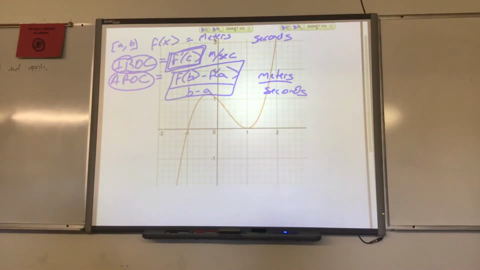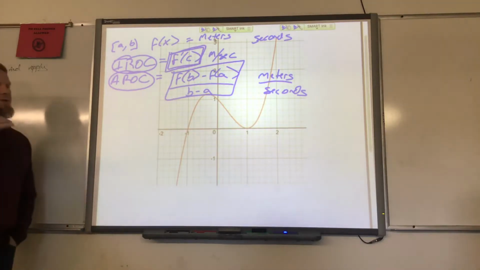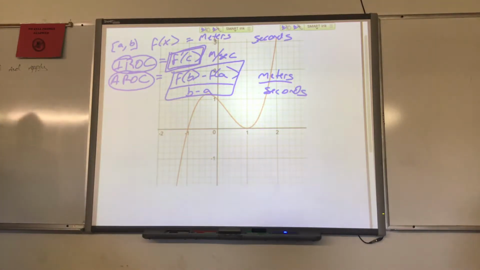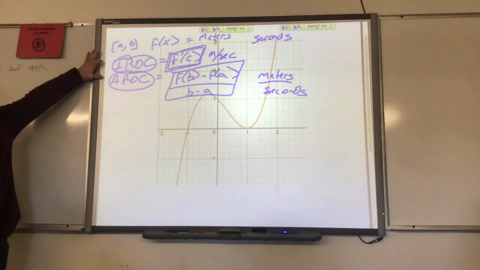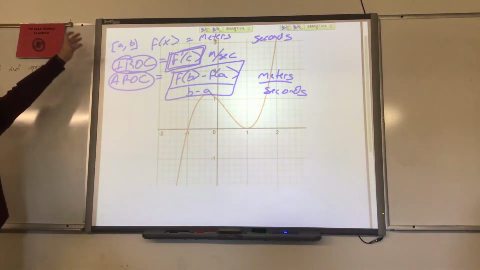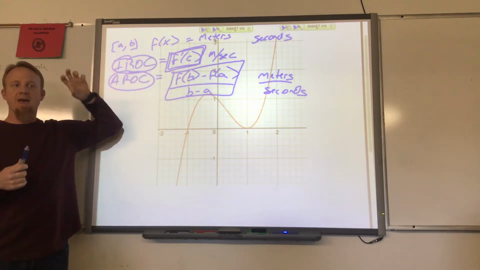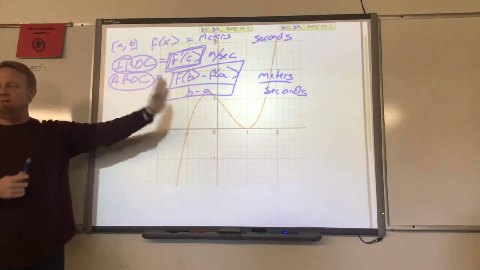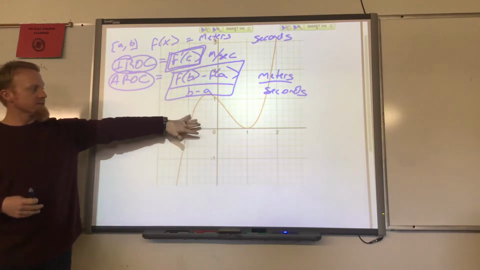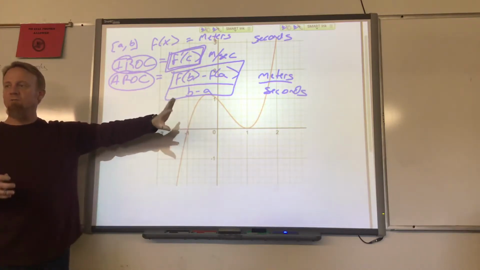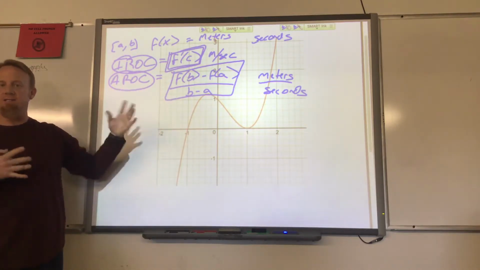Slope of the secant line. Okay? So, what does the MVT guarantee? That these two things have to be equal, which means that the slope of a tangent line and the slope of the secant line have to match up somewhere between A and B. Okay? So the next thing we want to do is use this graph to draw some secant lines and then see how the tangent lines match up.